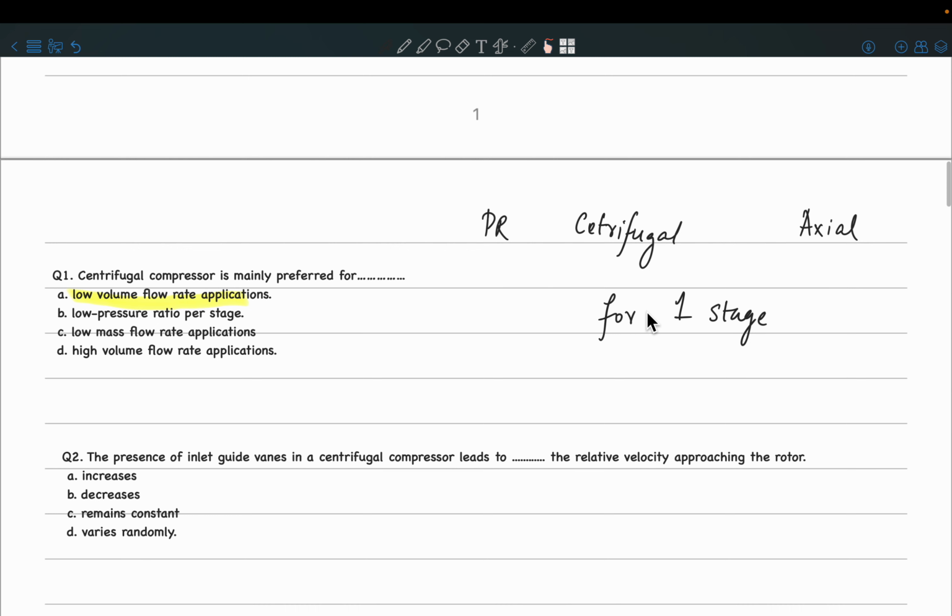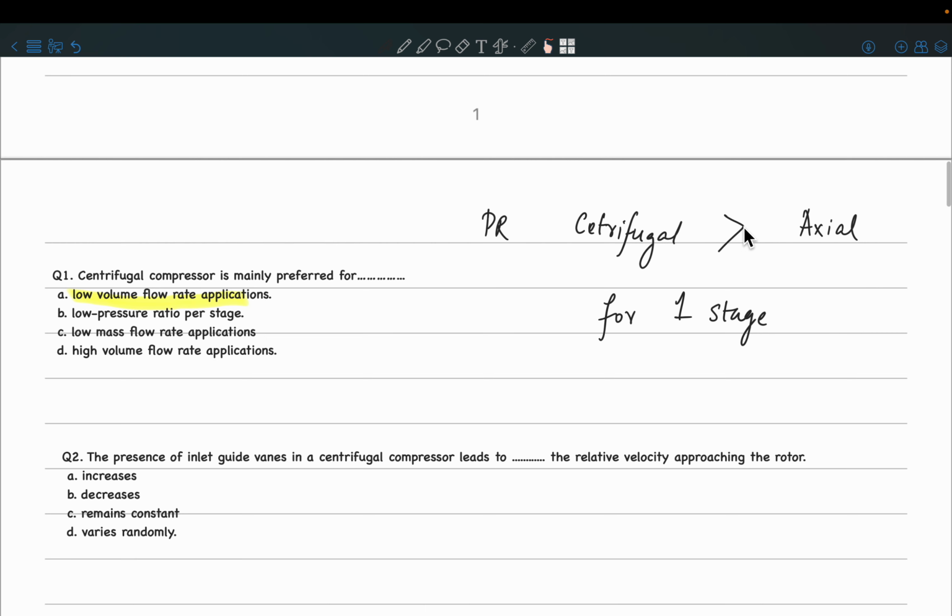Any idea? If I just consider one stage of a centrifugal compressor and one stage of an axial compressor, which one has more pressure ratio per stage? Okay, so it is the centrifugal compressor.